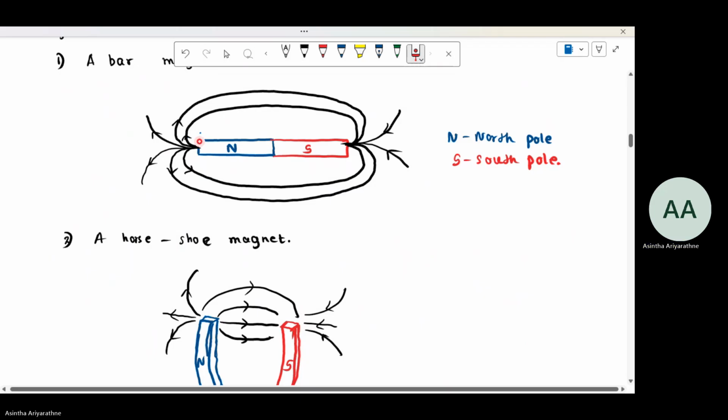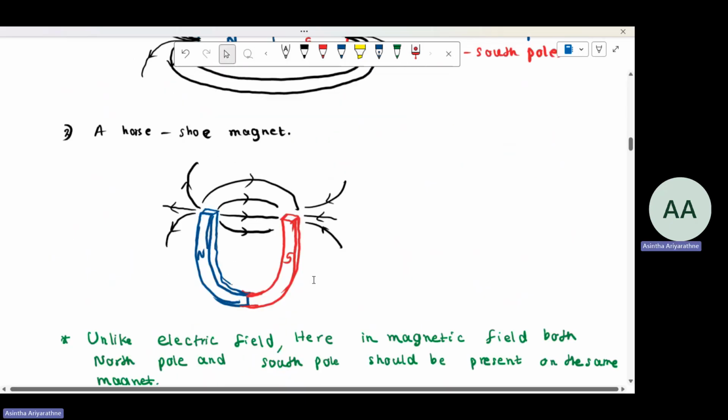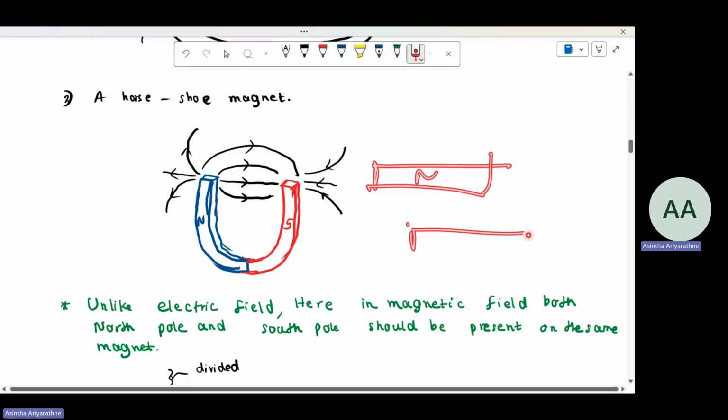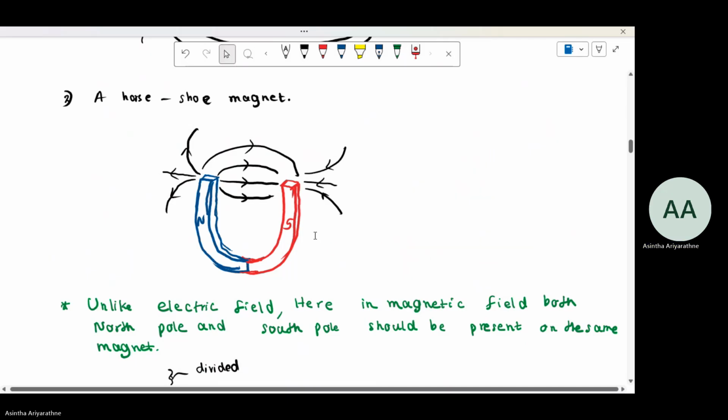That notation is used for other types of magnet as well. Both north pole and south pole are on the same magnet. They cannot be kept separately.